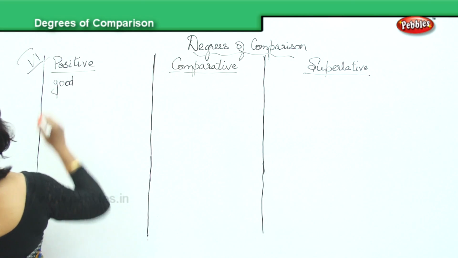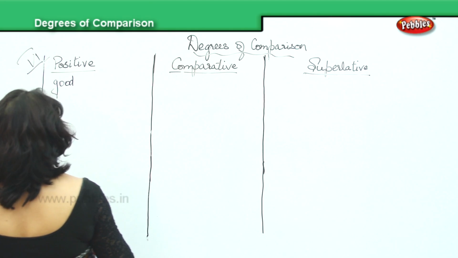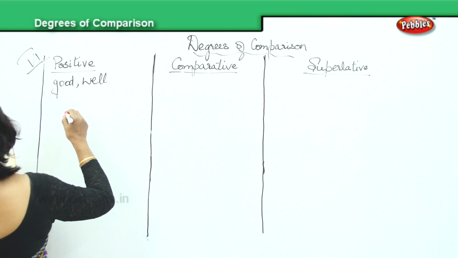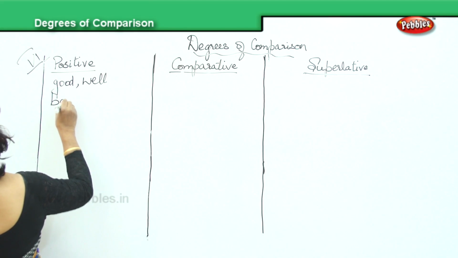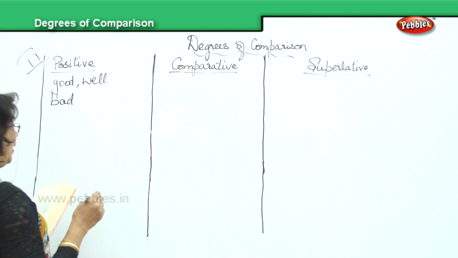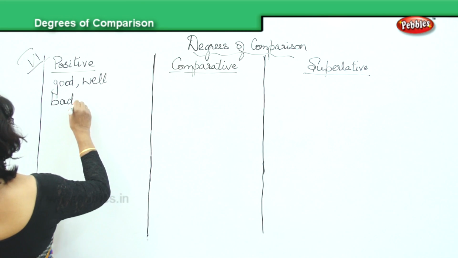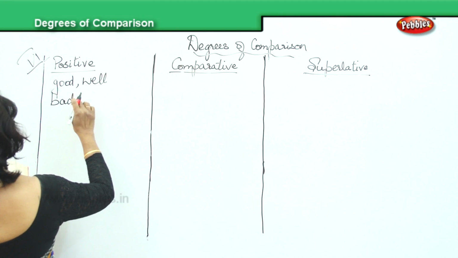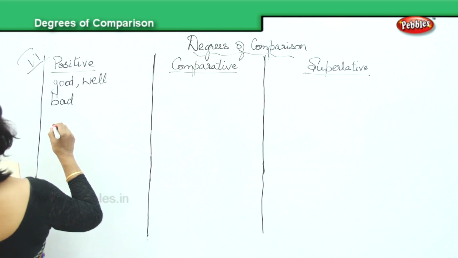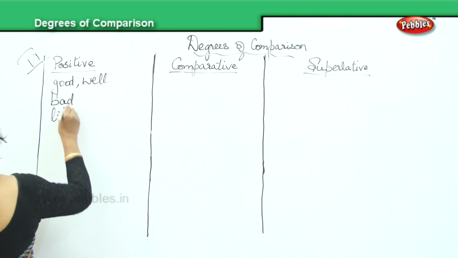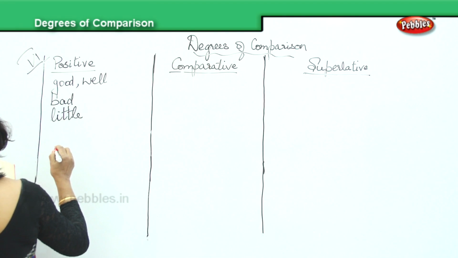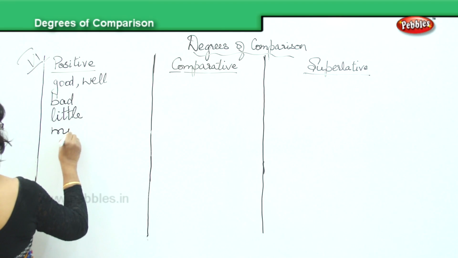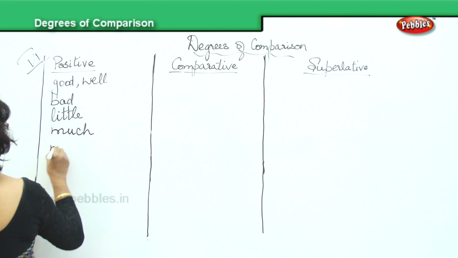Good. Please don't say good, gooder, goodest, good or well. Next, bad. Don't say bad, badder, baddest. Next will be little, much, many.